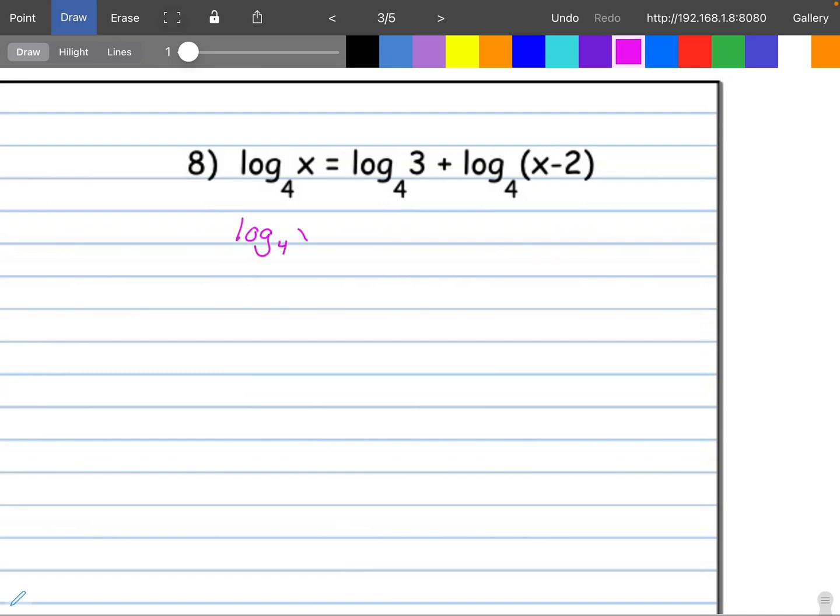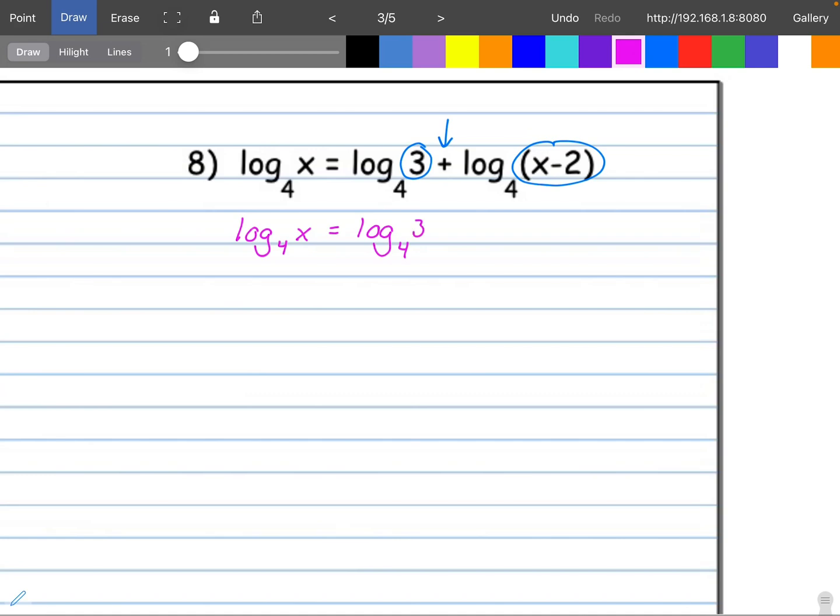So the left side is going to remain the same. On the right side, we're going to condense those into a single log base 4. And then we have to remember, well, what do we do with these 2 things? Well, that's based on this sign right here. Since that's a plus, that means that we are multiplying those 2 things together.